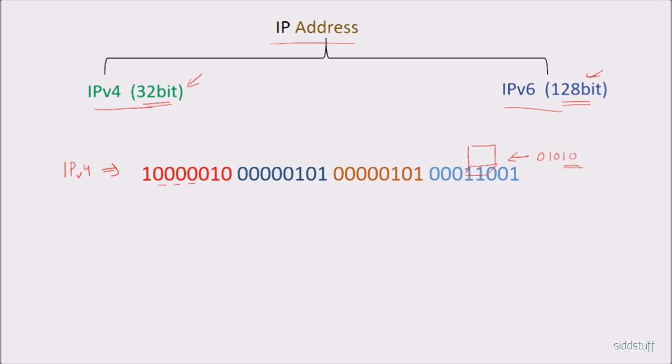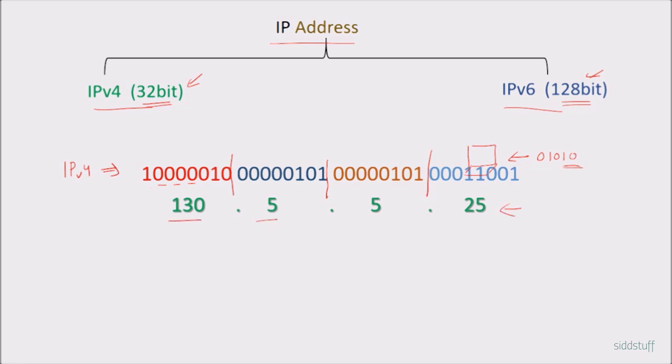An IP address in this 0 and 1 form is very difficult for us to remember. As a human, no one can remember these IP addresses if they are in 0 and 1 form. So to make it simple, we separate each 8 bits and convert them into decimal form.